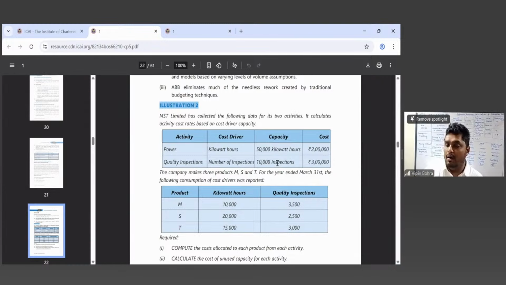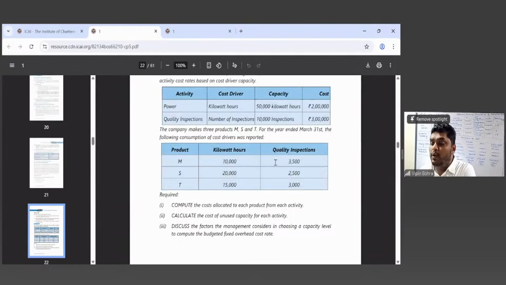However, on the upper side, it is given as 10,000. So what about the extra 1,000 inspections? So we have a problem with 5,000 kilowatt hours and 1,000 inspections. Let's see, some information will be given in the question.